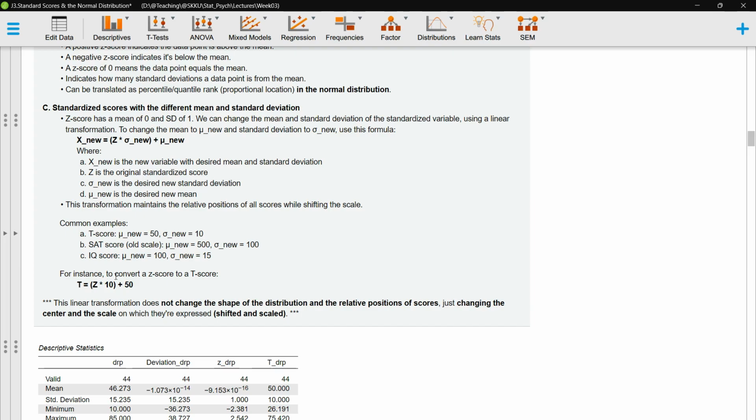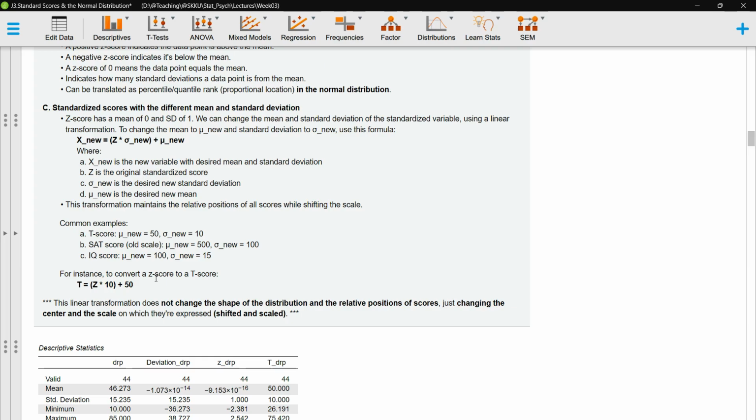So for example, if we want to create t-scores from any variable, first we need to create the g-scores. We can do that by dividing the deviation score by the standard deviation. Then the g-score of a specific variable can be multiplied by 10 plus 50, and that will give us the t-score of the original variable.